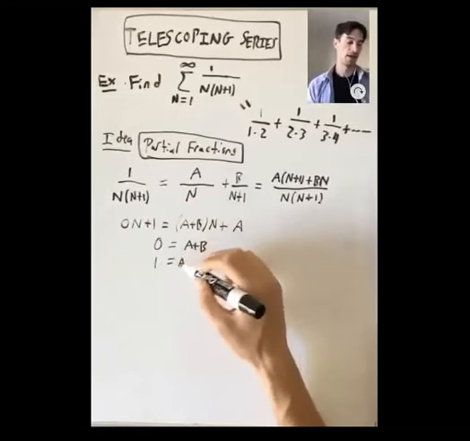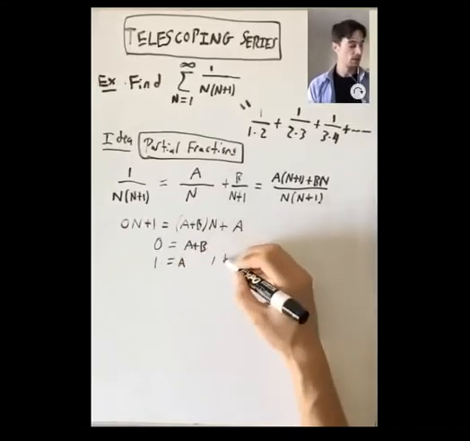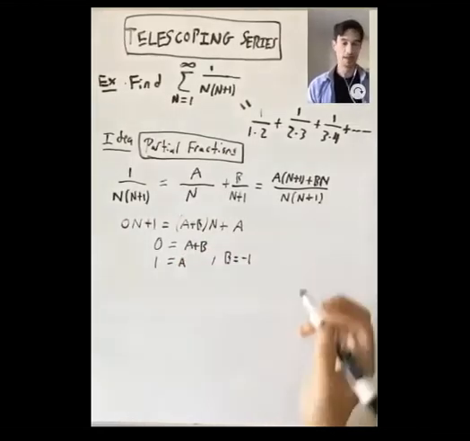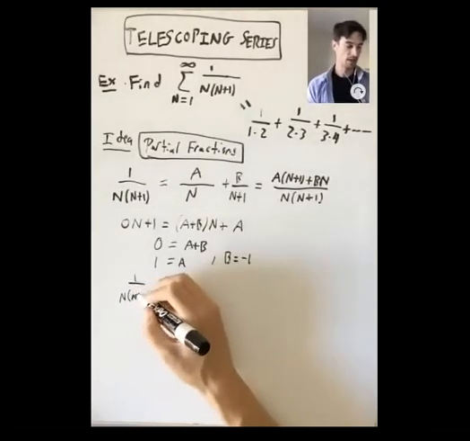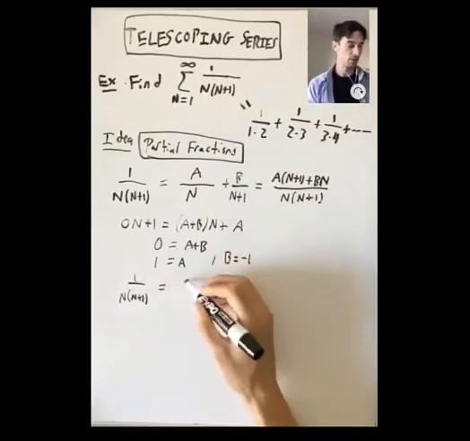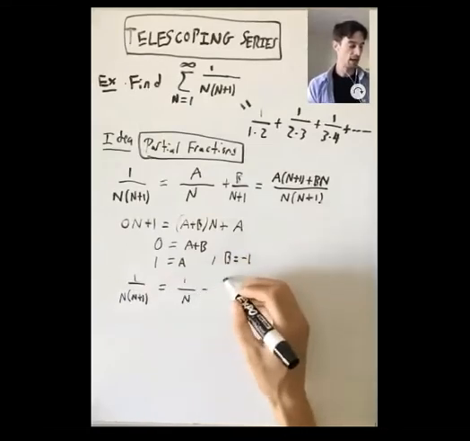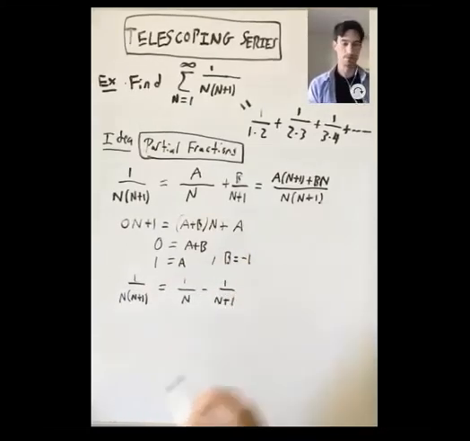So if a equals 1 and a plus b equals 0, then b equals minus 1. So we can check that this works: 1 over n times n plus 1 is equal to 1 over n minus 1 over n plus 1.